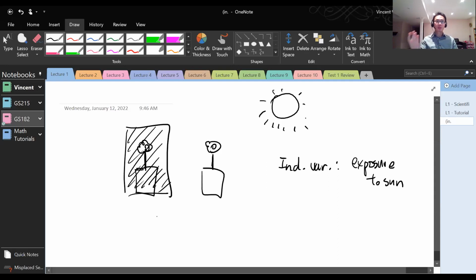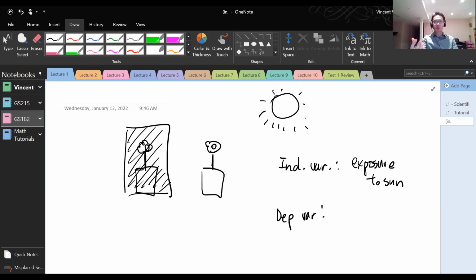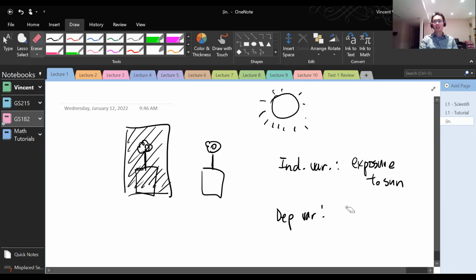What am I trying to observe? I'm trying to see if one plant will grow taller compared to the other, right? So the dependent variable, the variable that I'm trying to measure, either with a tape to see how long it grows or just visually seeing which one is taller, would be the height of the plant.